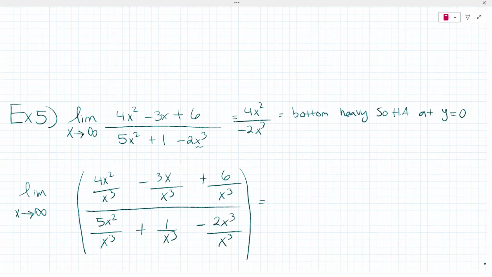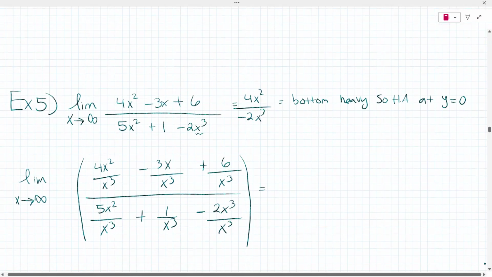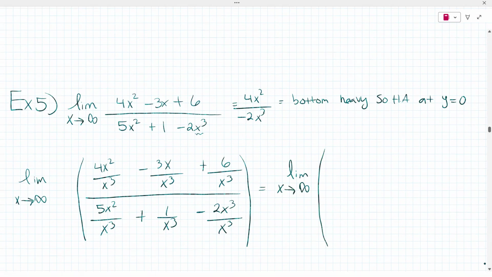Okay, let's clean this up. Okay, 4x squared over x cubed, that's subtraction, right? 2 minus 3 is -1, so that's 4 over x. Minus 3x over x cubed, this is a power of 1, so 1 minus 3 is -2.